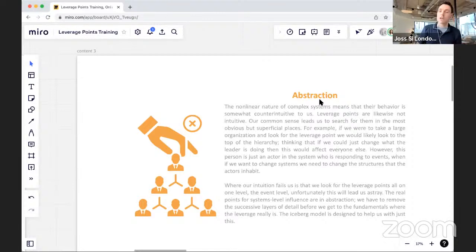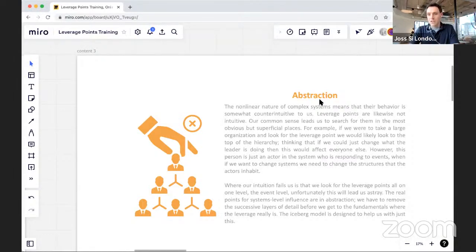We're often dealing with quite large, complex systems, and we don't have massive amounts of resources. We have to be highly strategic, and that's the idea of leverage points. We're trying to find those places where we're going to have the highest impact. And this here is a big part of it, this idea of abstraction. And we'll be talking about the iceberg model here as a way to find these leverage points.